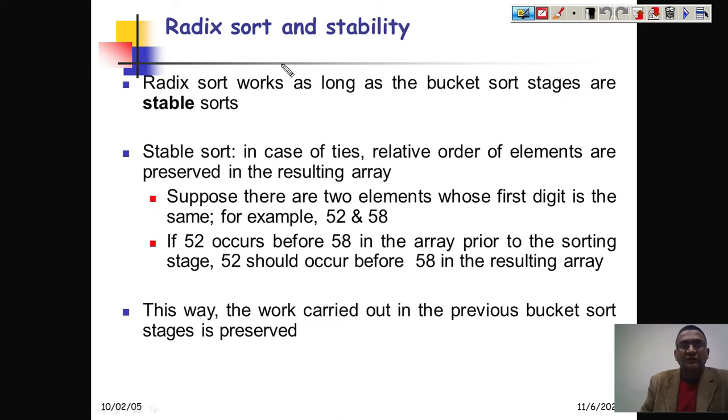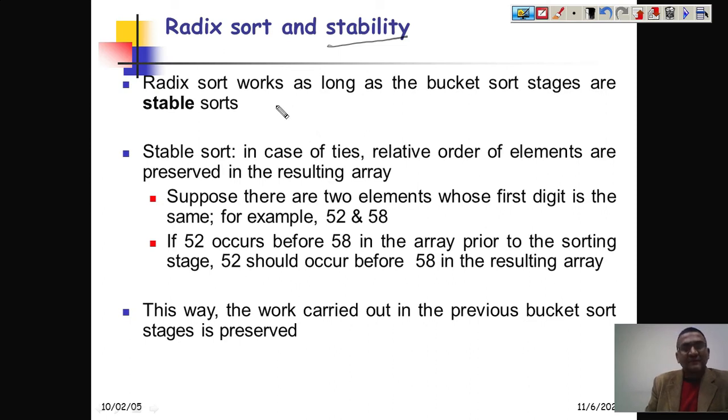Now look at the stability. We have already discussed in the bucket sort that bucket sort is stable in nature. When I say stable in nature, it means that whenever we have non-distinct elements in our given sequence, when you get the final sorted result, the positions are maintained.